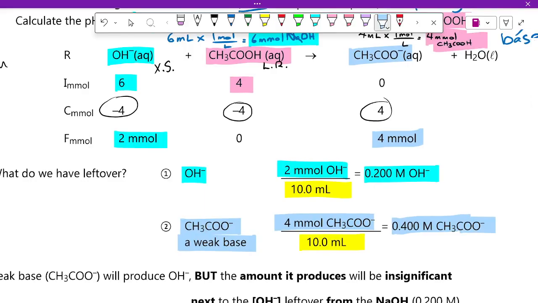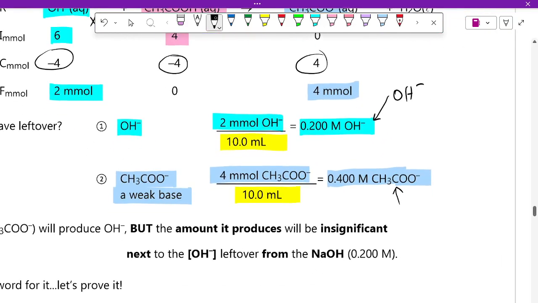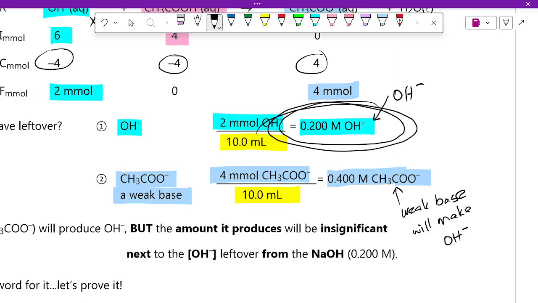So you have hydroxide here, and this weak base will make hydroxide. How much hydroxide will the weak base make in comparison to this 0.2 molar?